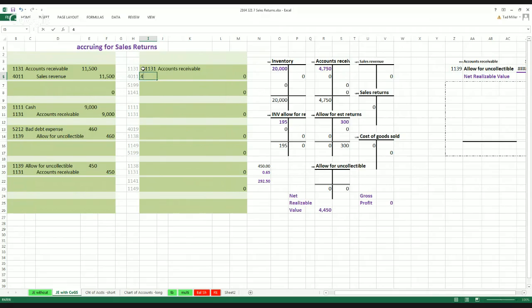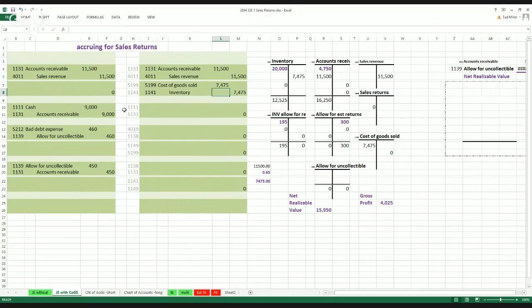First part is pretty easy. We sell stuff. We've been doing that for a while now. And in this problem, it says we had sales of $11,500. They tell me cost of goods sold is 65% of sales, so that's $74.75.